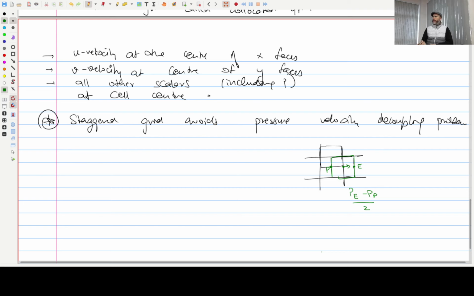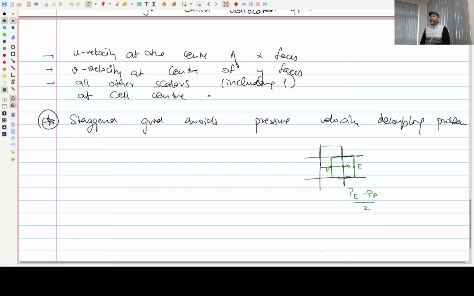Now the adjacent nodes are talking to each other. With the choice of this grid, we don't have to go to alternate nodes. Clear?